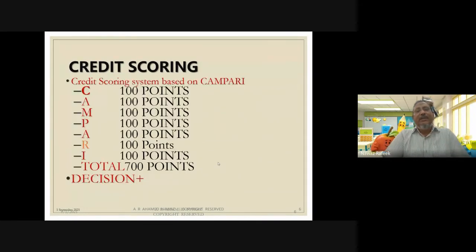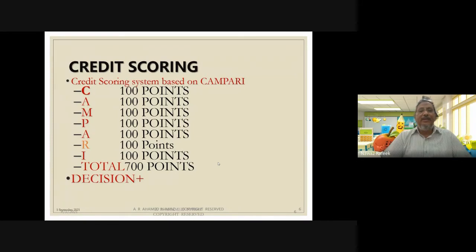So for example, it is scoring based on the five Cs. We'll be discussing this later. In credit analysis, another technique used by Western countries is the Cs. Instead of Cs, you can apply five sheets of analysis.